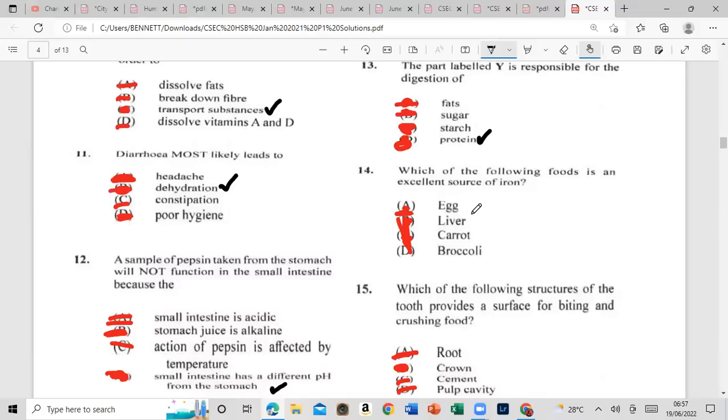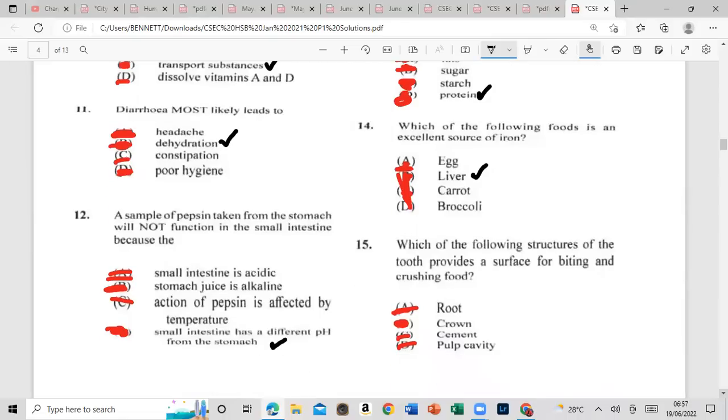Egg, liver, carrot. That's definitely liver. Long time I don't eat some liver. Which of the following structures of the tooth provides a surface for biting and crushing food? The root, the crown, the cement, or the pulp cavity? And that is the crown.